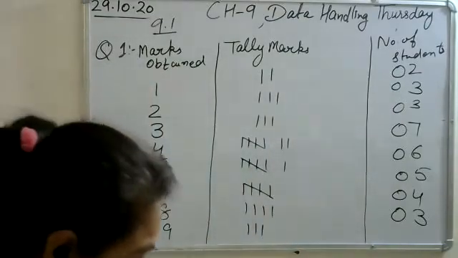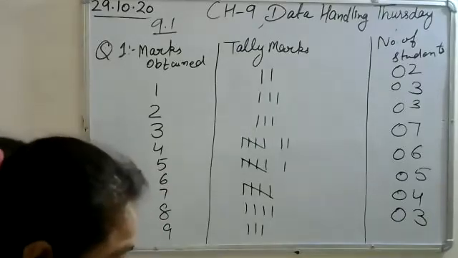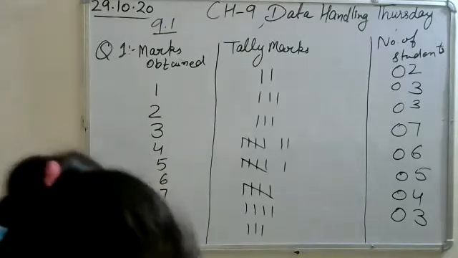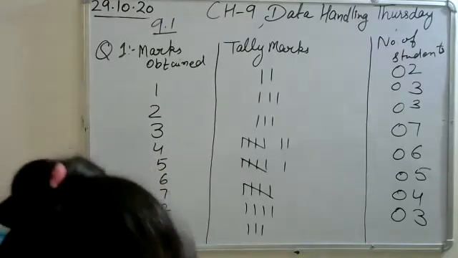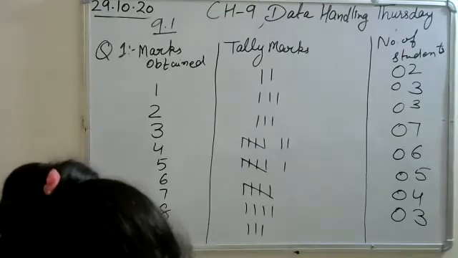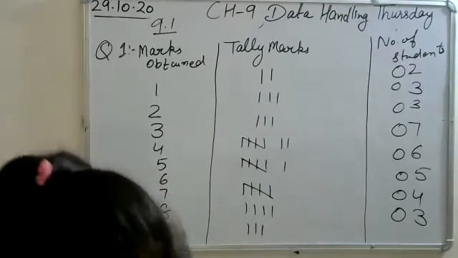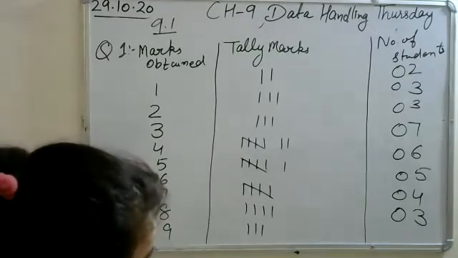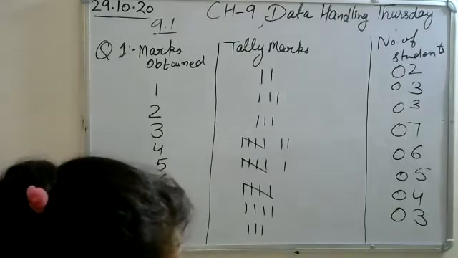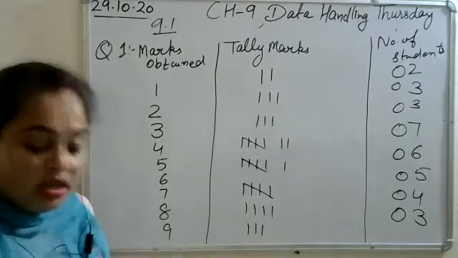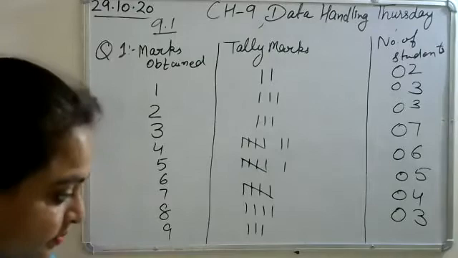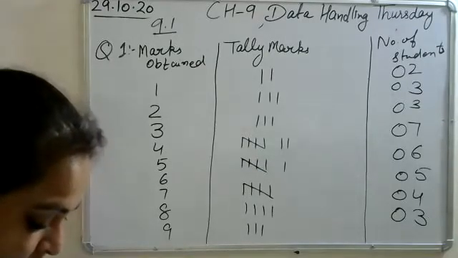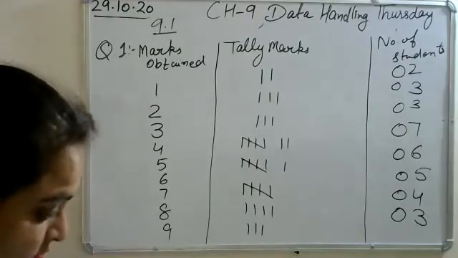Now A part and B part. 2, 3, 3, 7. Yes, Bhavya, tell me. Is it correct or not? Yes, ma'am, it is not correct.